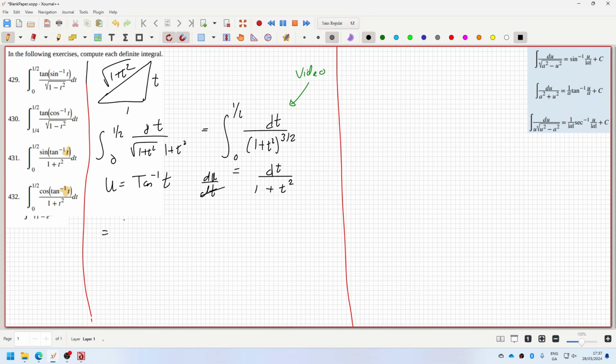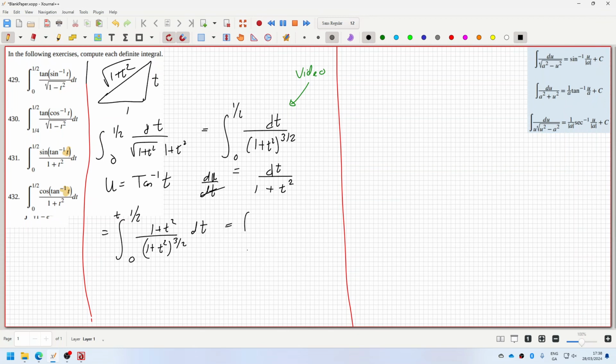So then the integration would become 0 to the half, and these are t's, by the way, 1 plus t squared over 1 plus t squared to the power 3 over 2 dt.